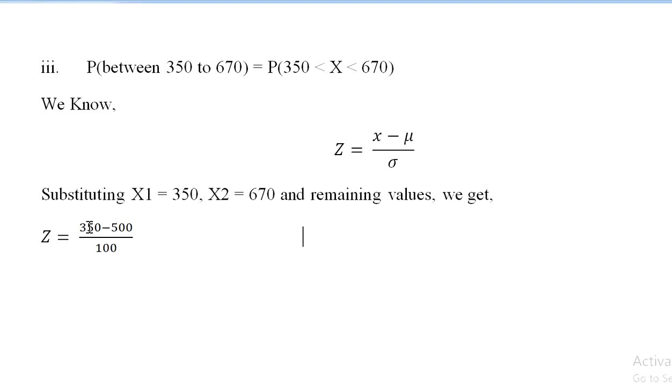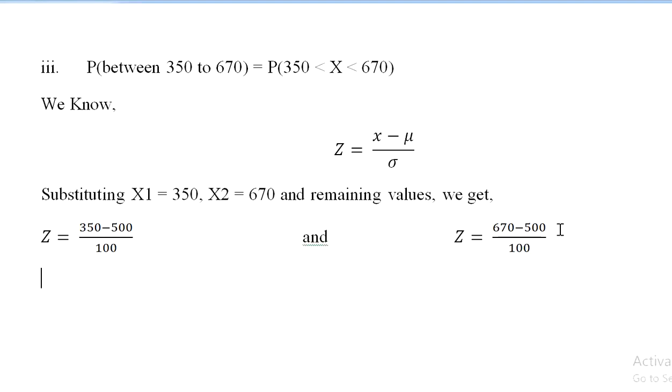and we have another value of z, for x2. The second value of x is 670, the value of mu is 500 and the sigma is 100. So these are the two values of z.